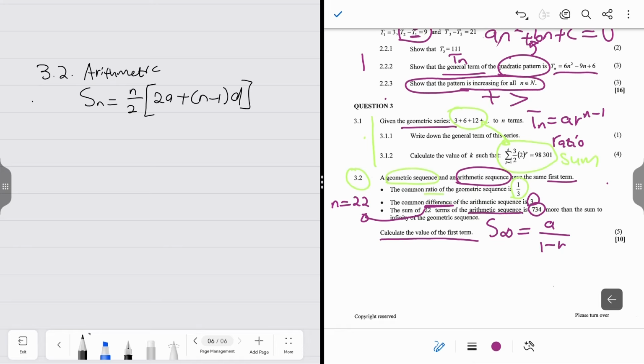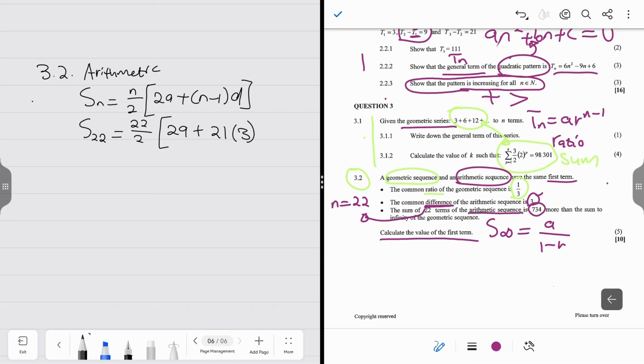Remember, this is the formula, and we have S22, so we know that n is 22, divided by 2, and we don't know the a, so we're going to leave our 2a as that because that is our term 1, but we know the n, which is 22, so we're going to have 22 minus 1, which gives us 21, and we're going to multiply it by the common difference that they gave us, which is 3.